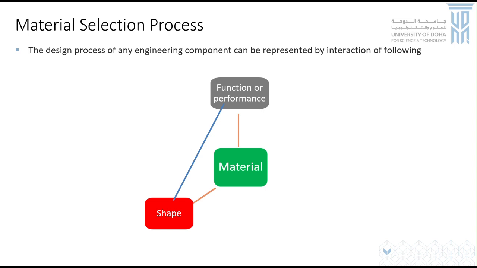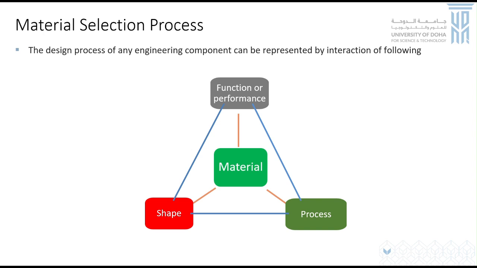But this selection of material is complicated by the fact that not all materials can be processed using the same type of manufacturing routes. And therefore, whatever your capability in terms of processing, in terms of both actually having the machines or having the cost effectiveness of that processing method, and for example the volume effect of that processing method, because some processes are more suitable for small scale production, others are more suitable for large scale production.